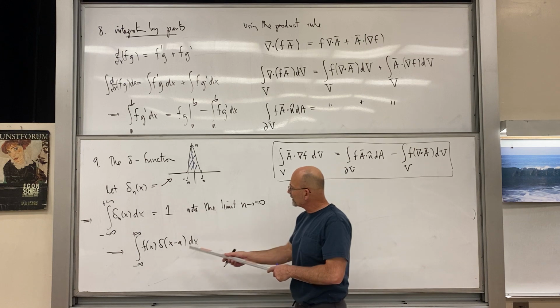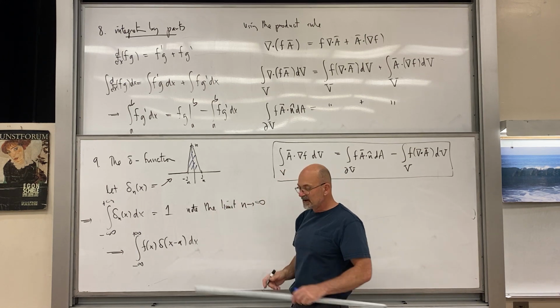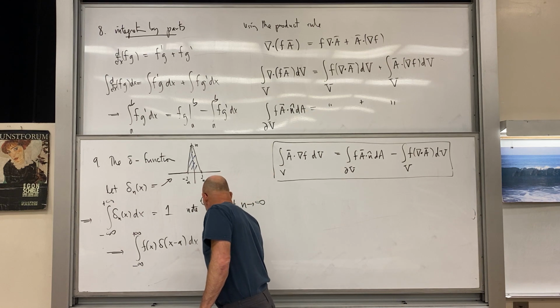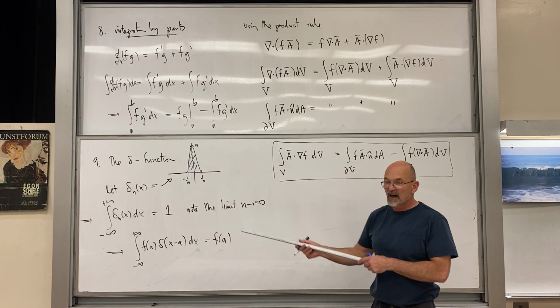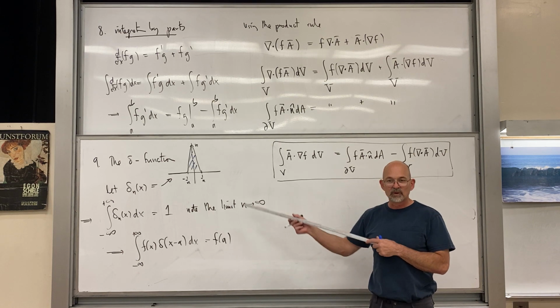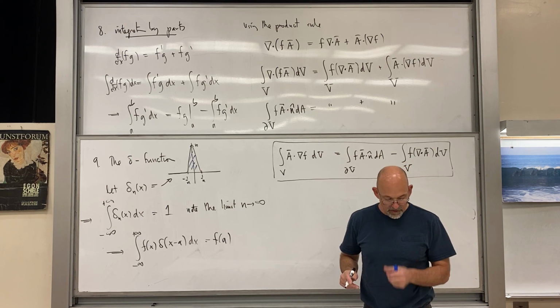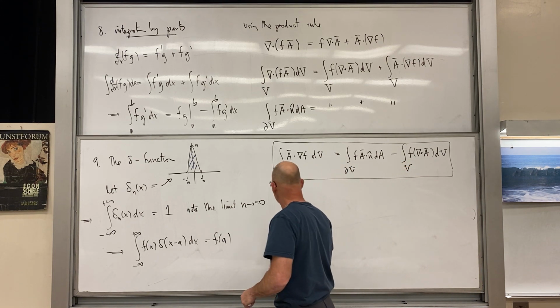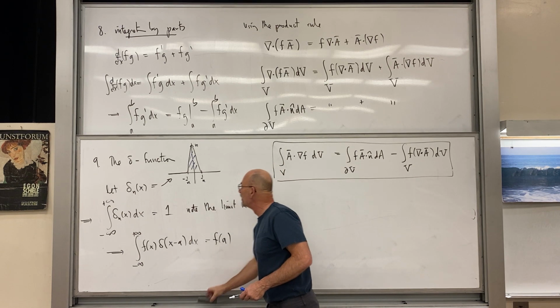And because this delta function is one of these spikes that's infinitely thin with an area of 1, this just gives us f of a. So in one dimension, this has a lot of uses, over which we could do an entire little section. But we also need the delta function in 3 dimensions. Okay. So I'm going to go ahead and erase this now.